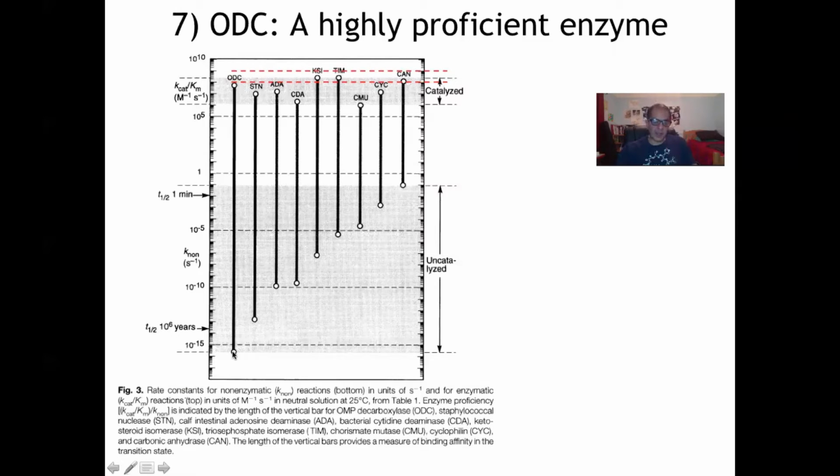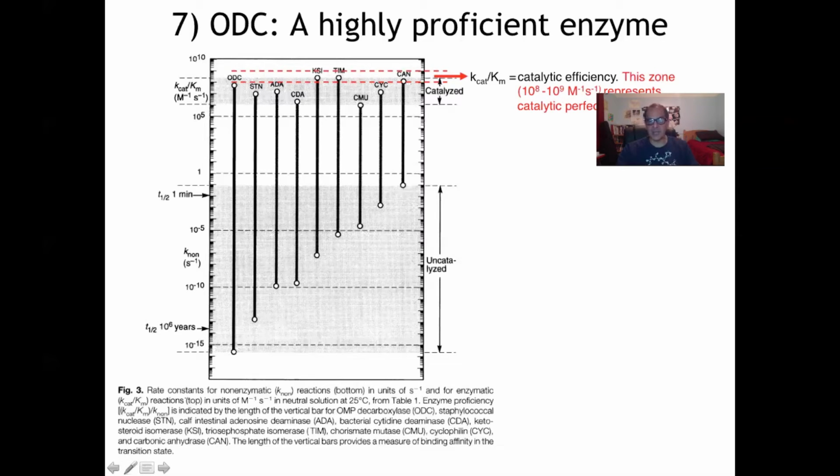All right. So really, at core, the reason that ODC is such a proficient enzyme is because it has such a difficult reaction to deal with. If we look here up at the other end of the graph, we see that a lot of these enzymes have very similar Kcats over Km, right? And so these 2 dashed red lines here represent the zone of catalytic perfection.